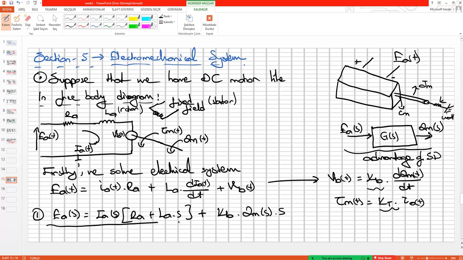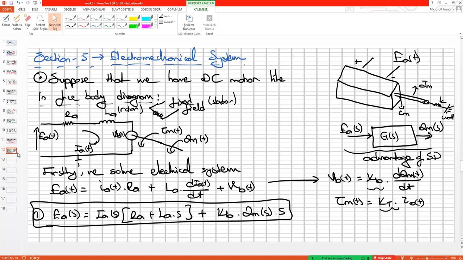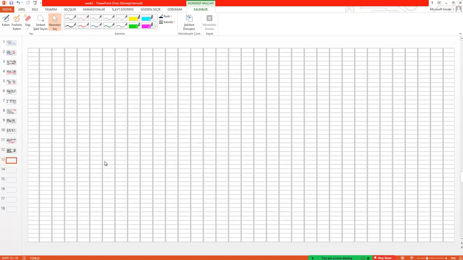This is the first equation for the electrical network, okay? So what about the second equation?